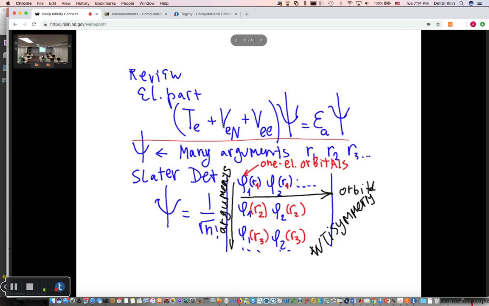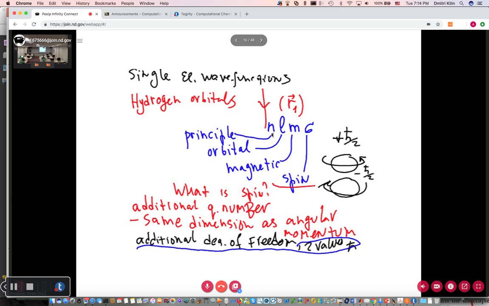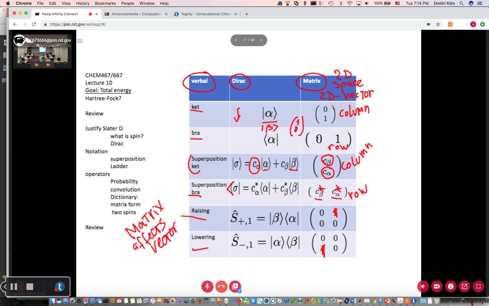Okay. So, this is just a reminder. As soon as we nailed down the positions of nuclei, we solve the Schrödinger equation with three terms: kinetic energy of electrons, electron to nuclei attraction, and electron to electron repulsion. And later we agreed that atomic wave functions have four indices: principal, orbital, magnetic, and spin.